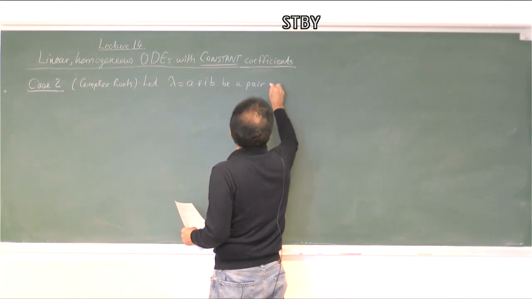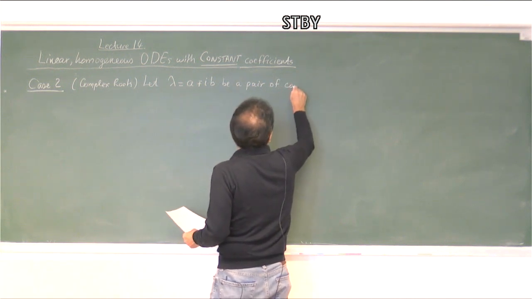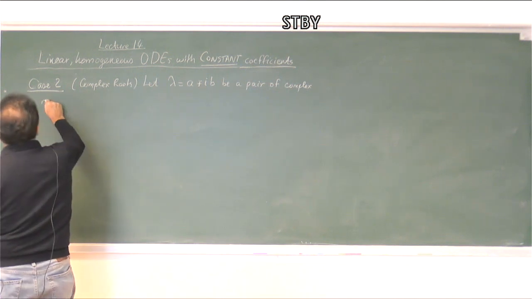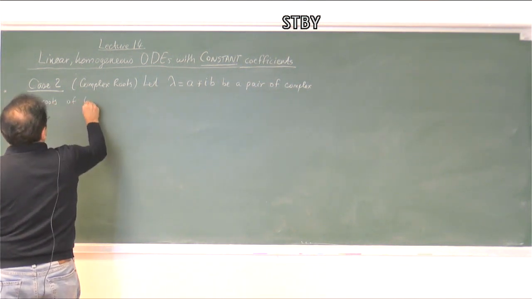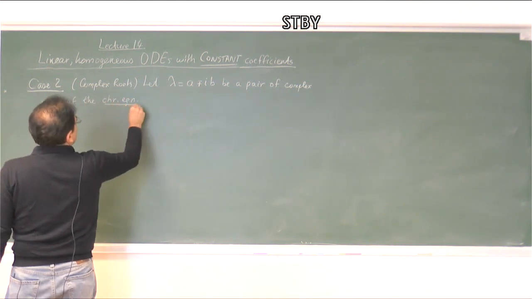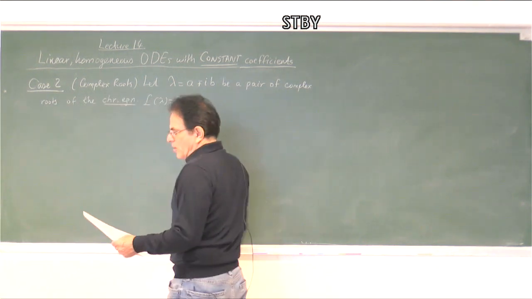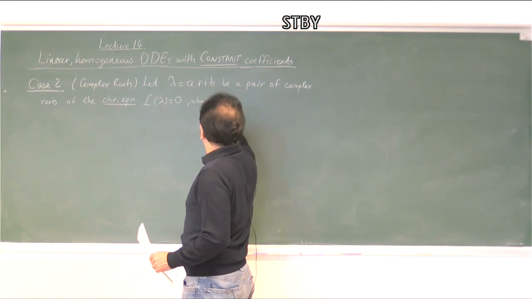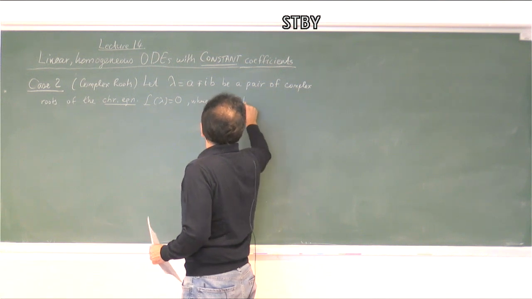So be a pair of complex roots of the characteristic equation, where, be careful, a is real and b is real.